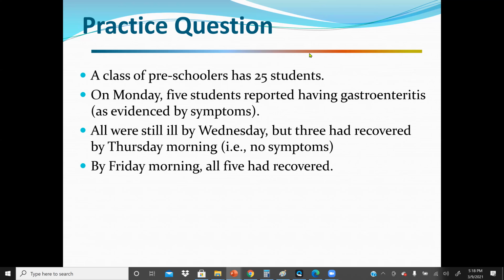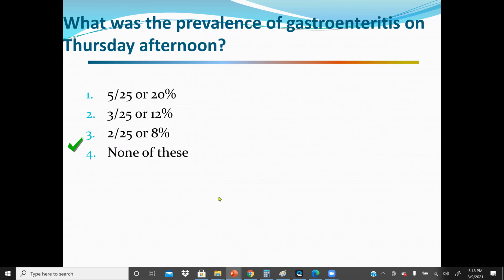So let's go back and check the condition. All were still ill by Wednesday, but 3 had recovered by Thursday morning. So if 3 recovered on Thursday morning, and we have 5, this means we're going to have 2 over 25, because here it's on Thursday.